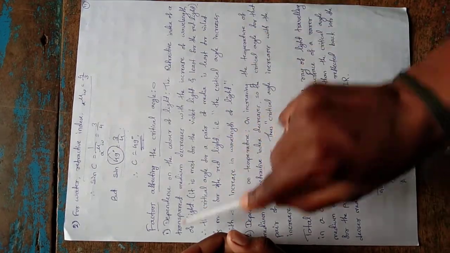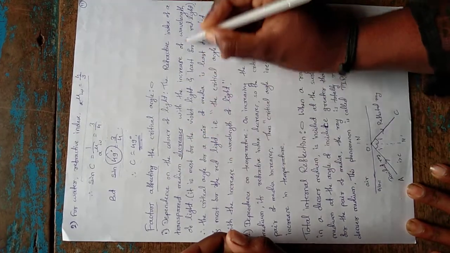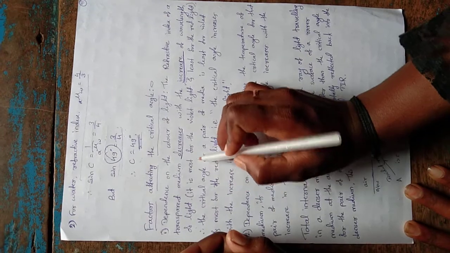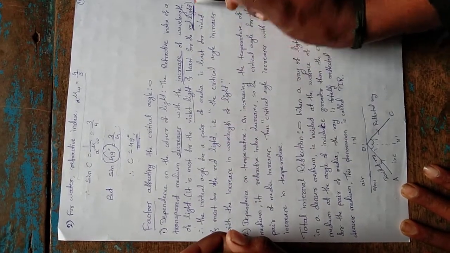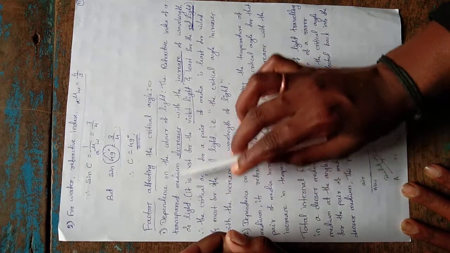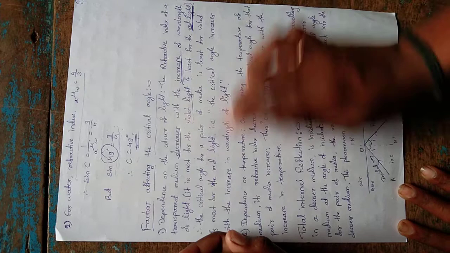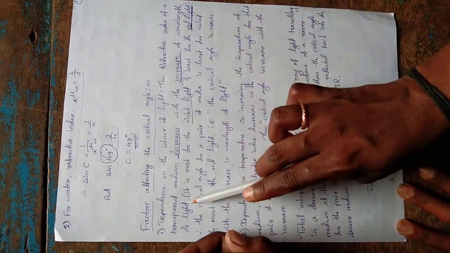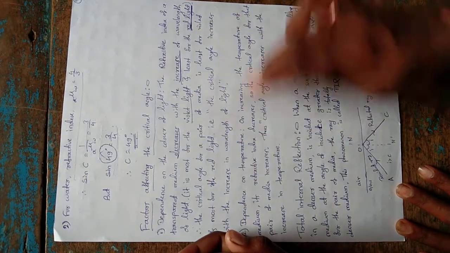The refractive index of a transparent medium decreases with the increase of wavelength of light, that is, most for violet light and least for red light.